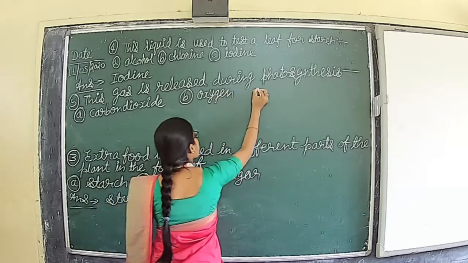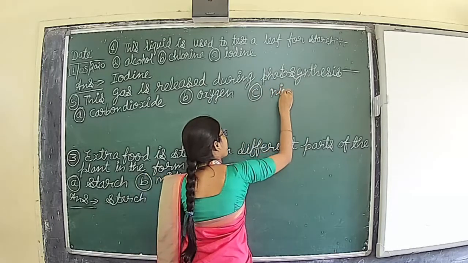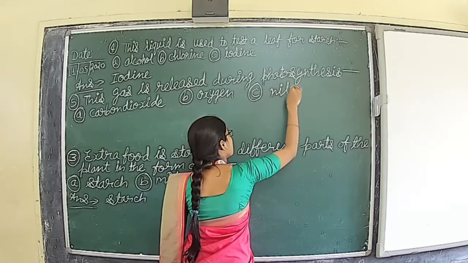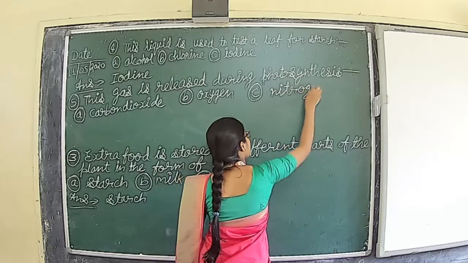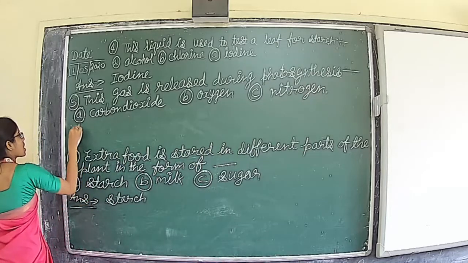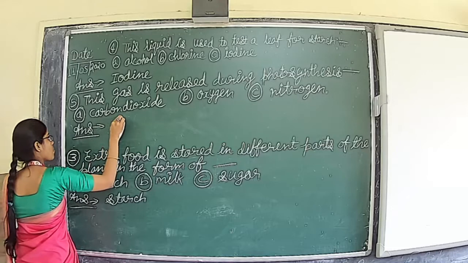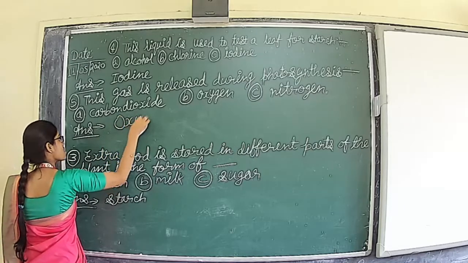Then option number C is nitrogen. So what is the answer? The second option is correct. Oxygen. What is the correct answer? Oxygen. Option number B is correct. Oxygen is the answer.